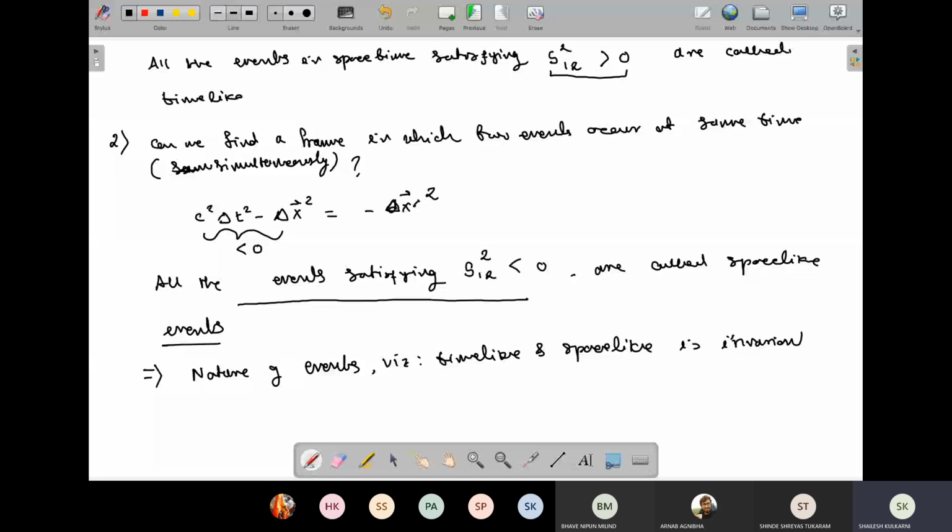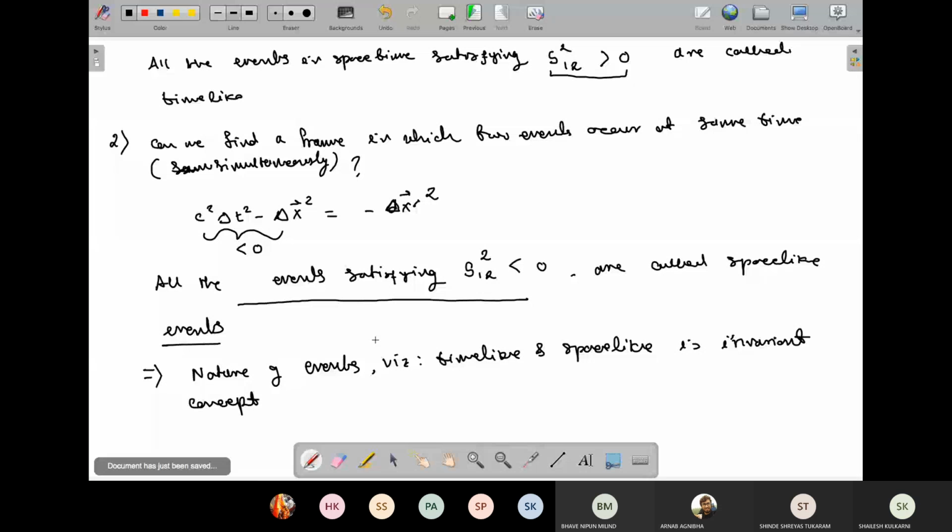So if two events are space-like in one frame, they remain space-like in any other frame. If two events are time-like in one frame, they remain so in any other frame. They will not change their character.